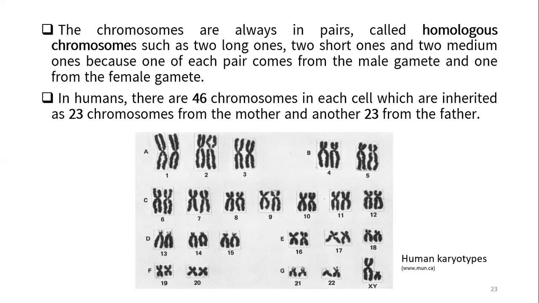So we can see there are 2 chromosomes in each pair. In humans, there are 46 chromosomes in each cell, which are inherited: 23 chromosomes from the mother and 23 from the father. So we can see here the human karyotype.